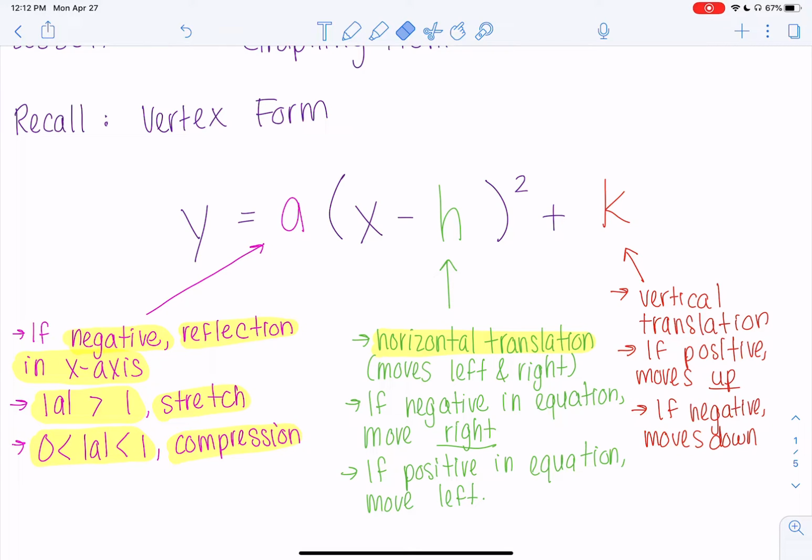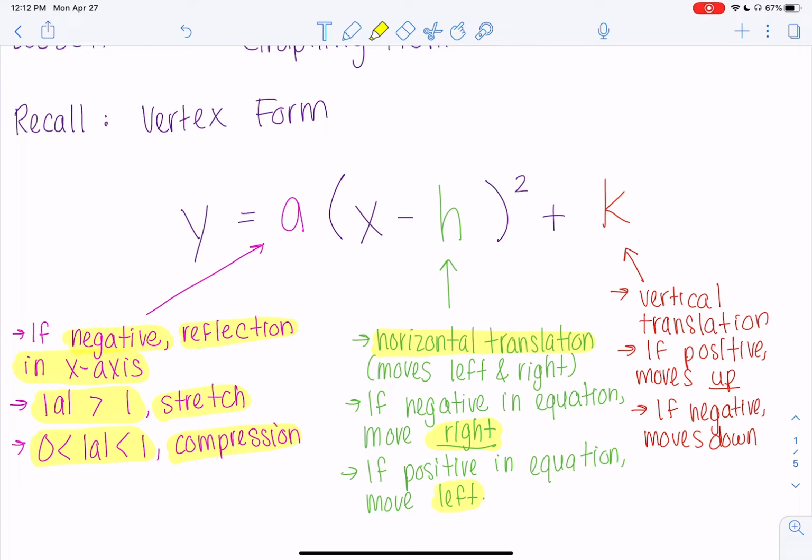If h is negative in the equation, it's going to move right. The reason is that negative in the equation, but this will always happen. So if I notice that it's negative, my whole parabola is going to be picked up and moved over to the right. If h is positive in the equation, my whole parabola is going to be picked up and moved to the left.